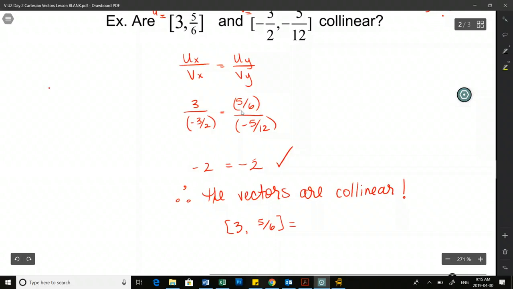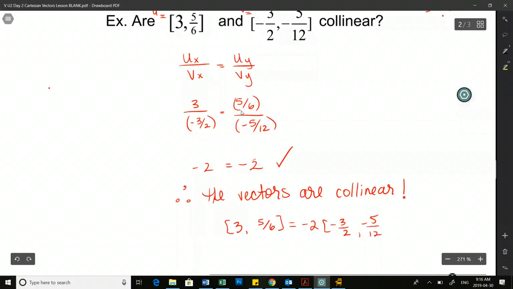So the vector that goes from 0, 0 to 3, 5/6, how do the scalar multiples work here? I can express this as a scalar multiple of negative 1 over 2 times the first one, or I can say that this is negative 2 times my other vector.